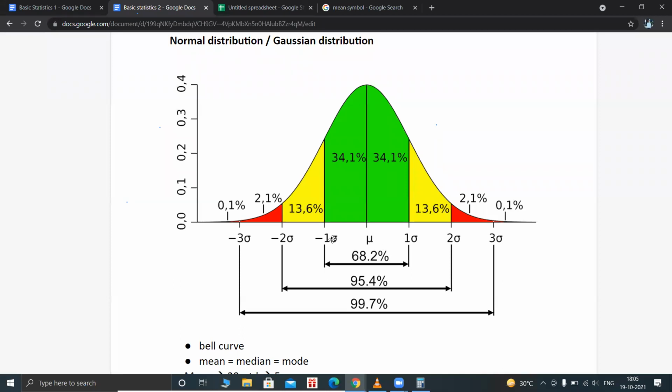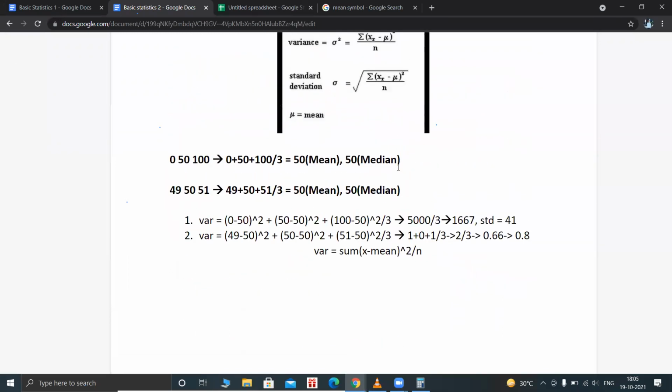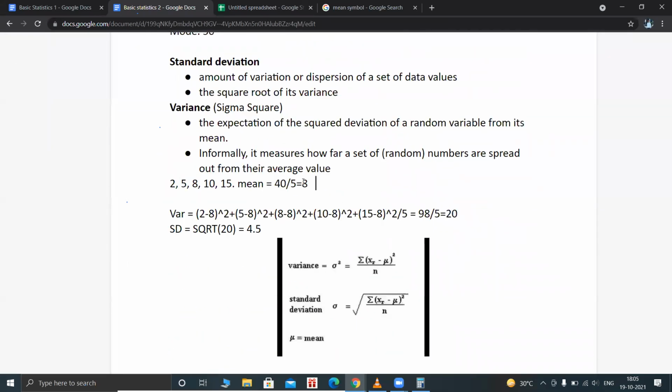So on the left side you're supposed to reduce. See guys, this is -1 standard deviation, this is the plus side, and this is -2 standard deviation, and this is +2 standard deviation, right? You have the mean here and you also have the standard deviation. So I want to find the range of one standard deviation.